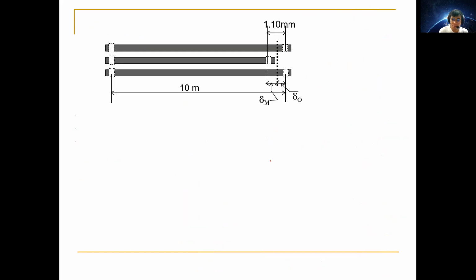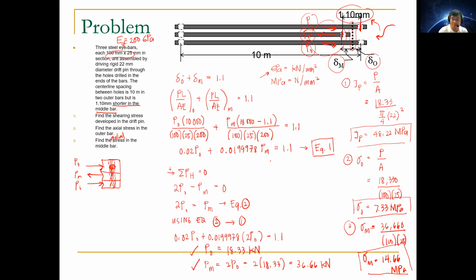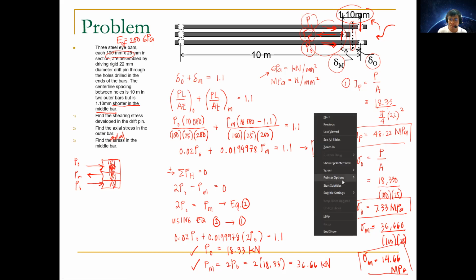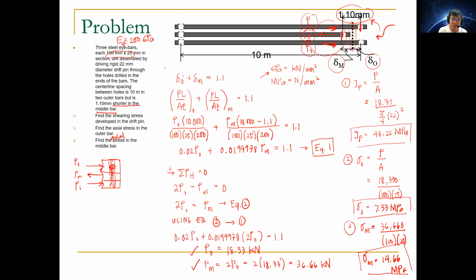If it's okay, try to pause the recording and work on it later. To summarize our solution, we started off with the compatibility equation.